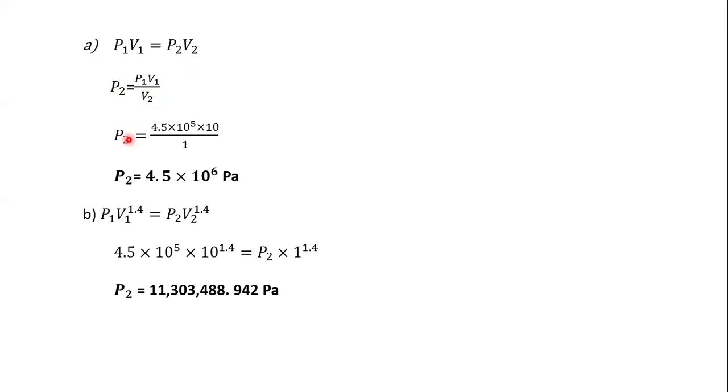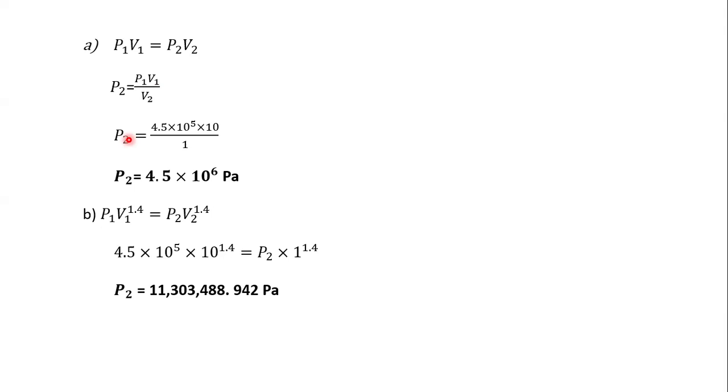For now, I can just substitute. P1 is 4.5 by 10 power 5. Then V1 is 10 divided by 1. What is my P2? Pressure 2 is 4.5 by 10 power 6 pascals or newtons per square meter.